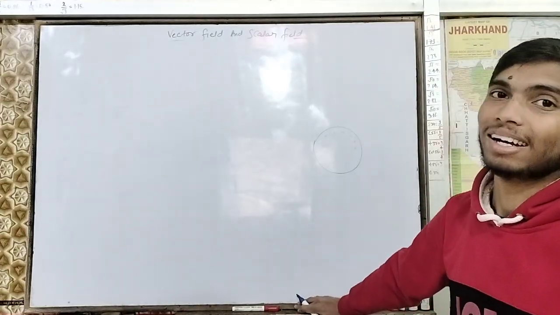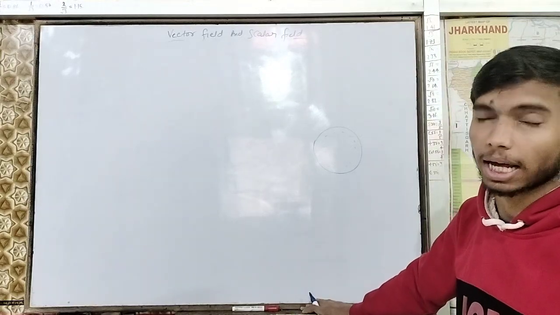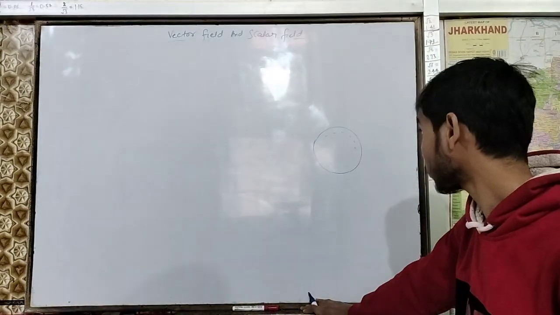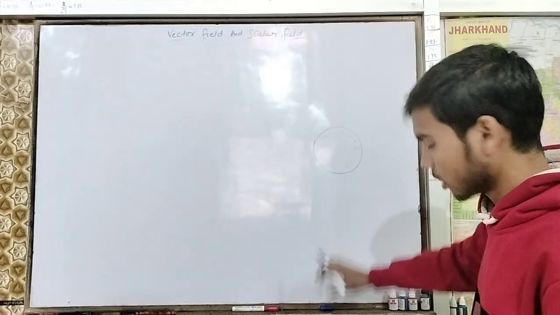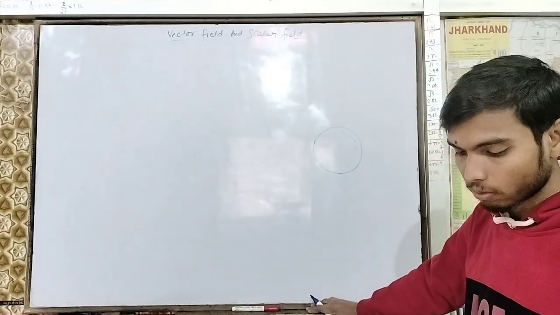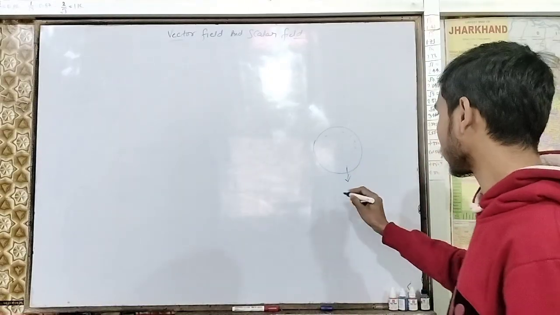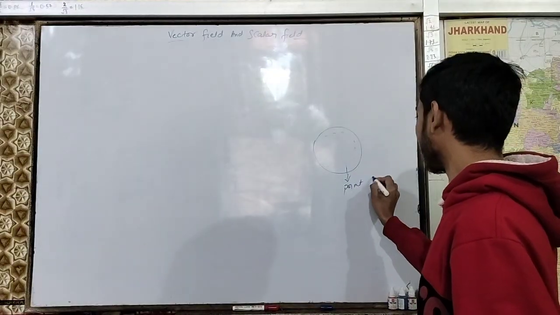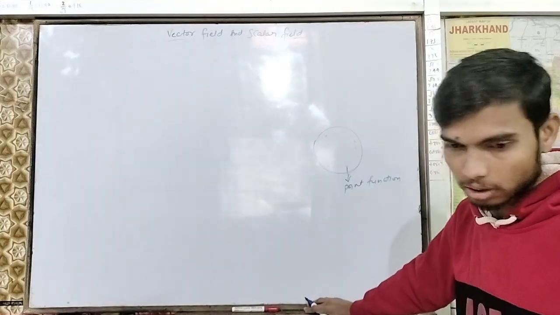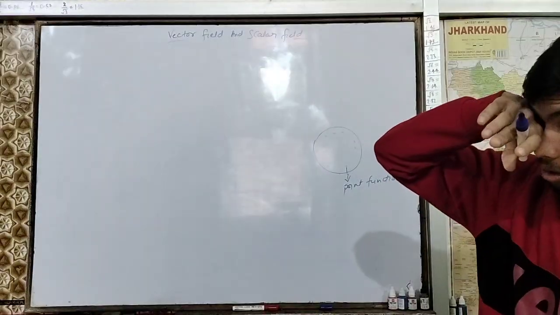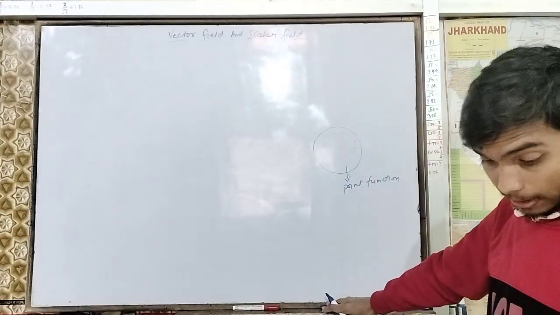You will get magnitude with direction. This one point we call a point function. This one point is nothing but a scalar quantity or a vector quantity.